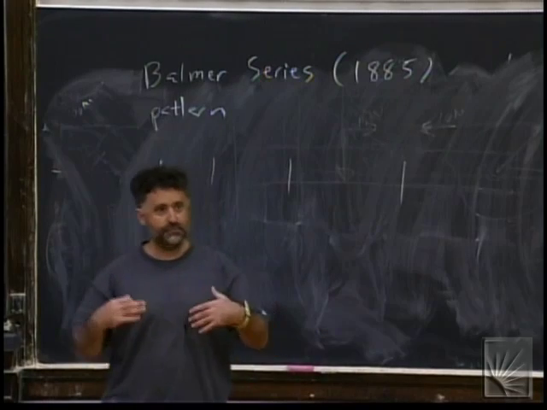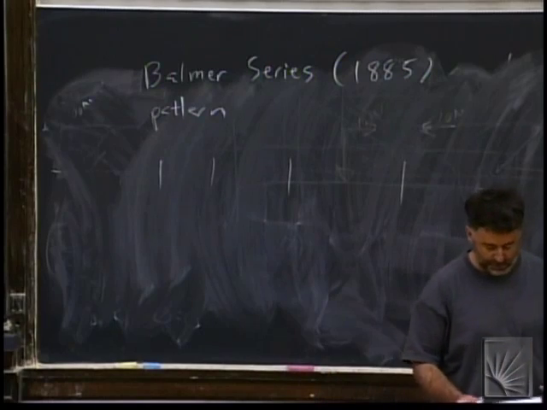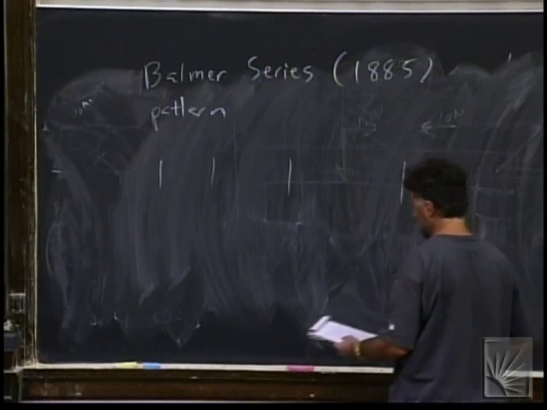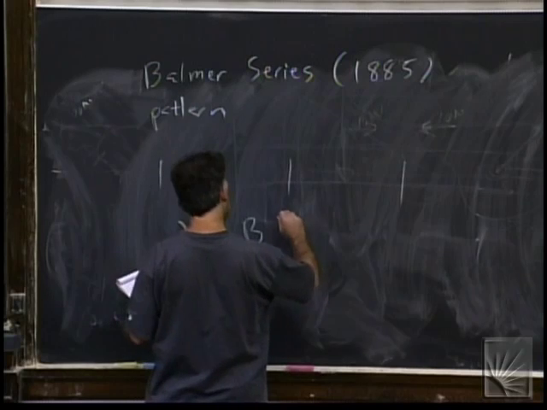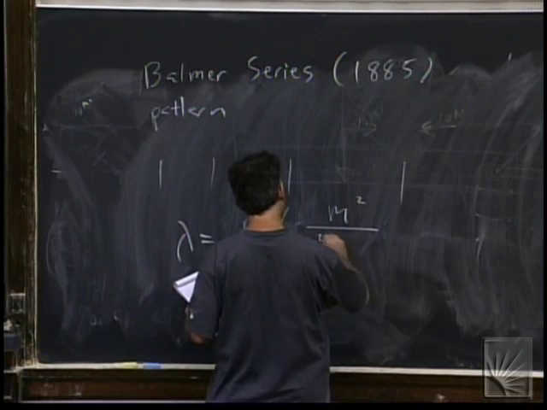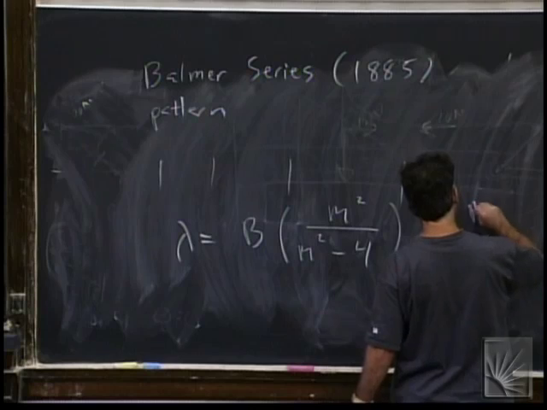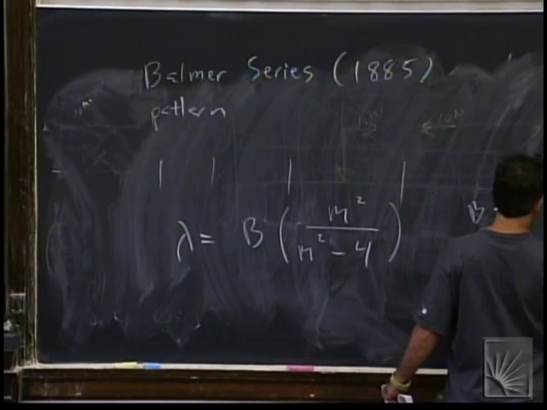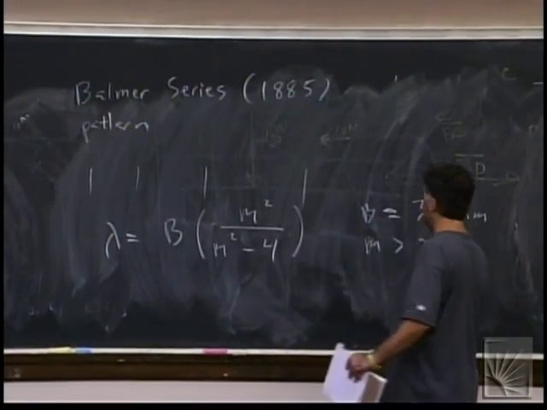One of the reasons why he was able to work with this was because it was visible, okay? And he came up with an empirical formula to fit the four lines that he saw. The formula looked like this: lambda is B times m squared over m squared minus 4, where B is a constant, about 365 nanometers, and m is greater than 2.